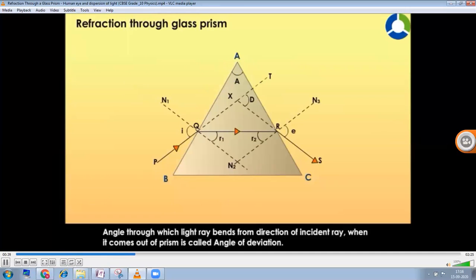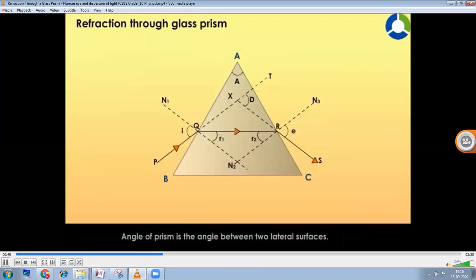The angle through which the light ray bends from the direction of the incident ray when it comes out of the prism is called the angle of deviation. Angle of prism is the angle between the two lateral surfaces.